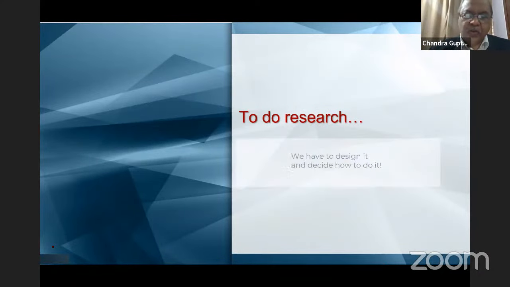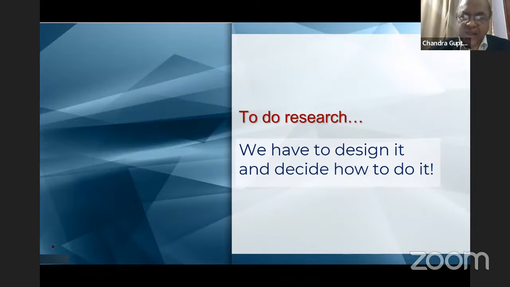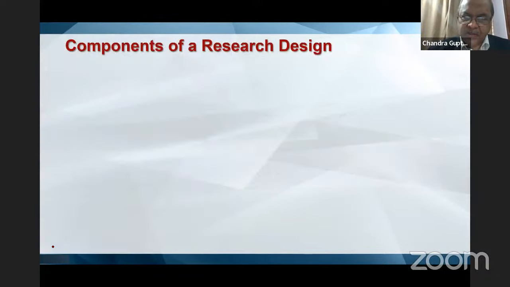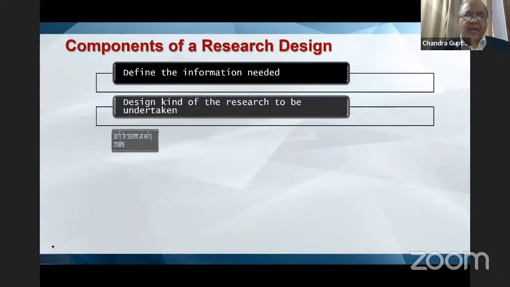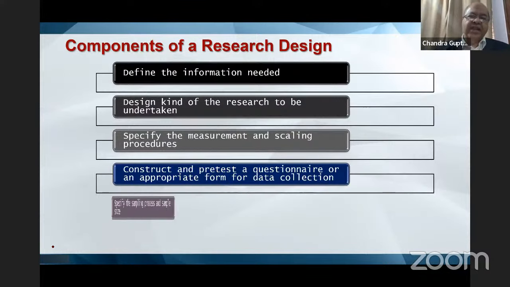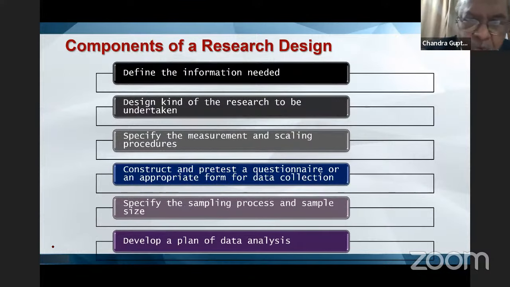To do research, we have to design it and decide how to do the research. The components of a research design are: you have to define your information need, design the kind of research you want to undertake, and specify the measurement and scaling procedures.